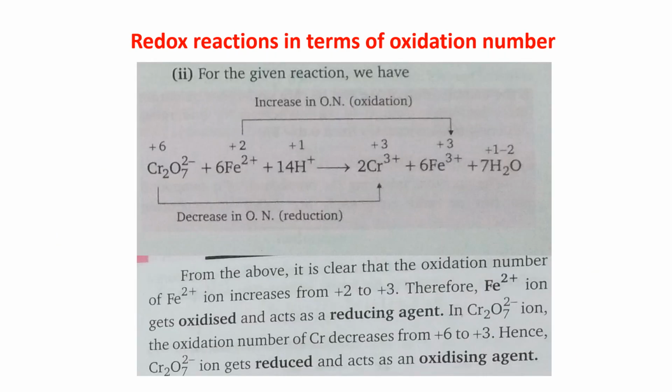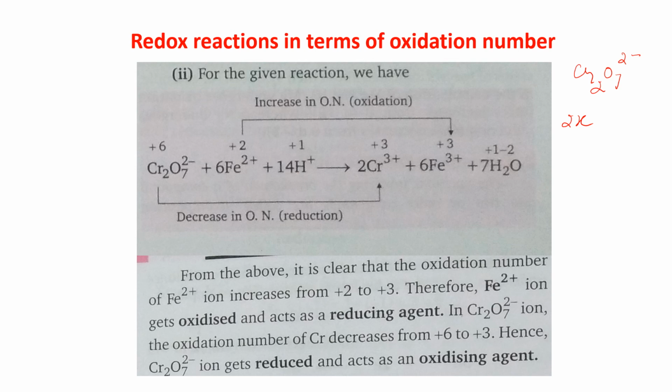The second question: Cr2O7 2-, Fe2+, 14H+, Cr3+, Fe3+ and H2O. Write down the oxidation number of all the species. Now again there will be a problem of how to write Cr2O7 2-. You have to find out Cr2, that means it will be 2x, as I don't know the oxidation number of chromium.